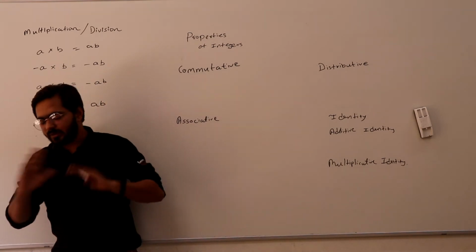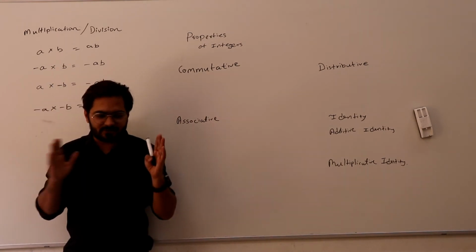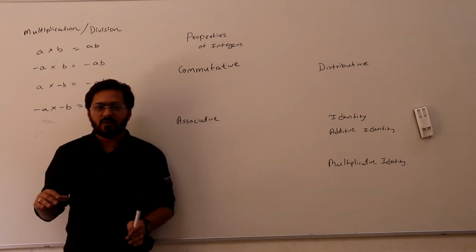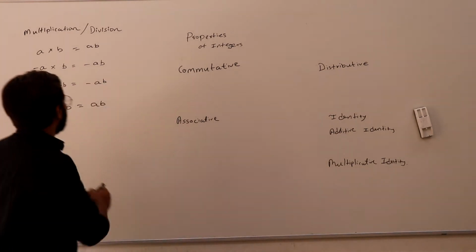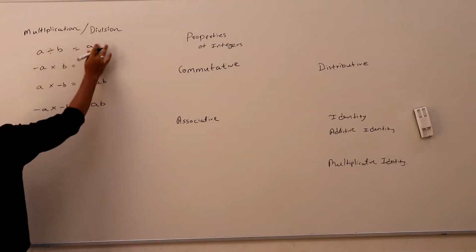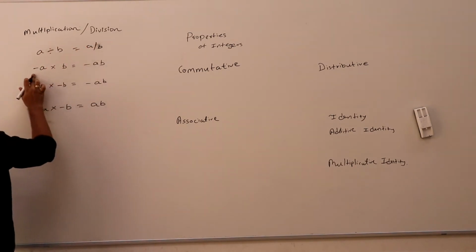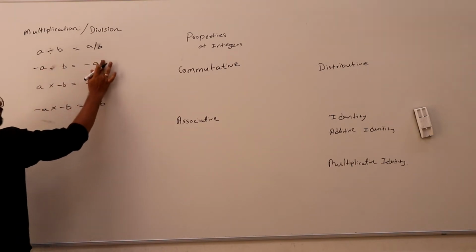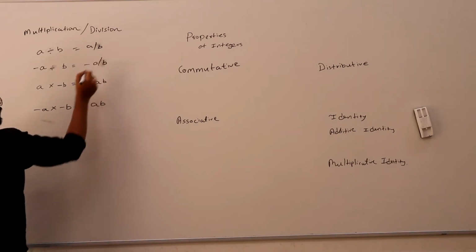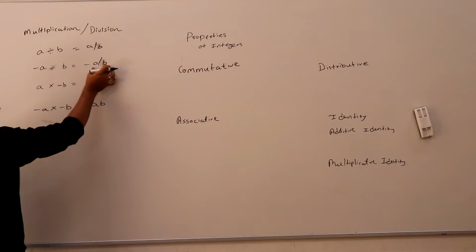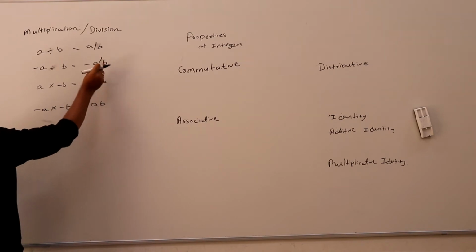Again the same trick for everything: plus plus plus, plus minus minus, minus minus plus, minus plus minus. So A divided by B gives you A upon B. If it is minus A divided by positive B, the answer will be minus A upon B. This will be the whole integer number itself.